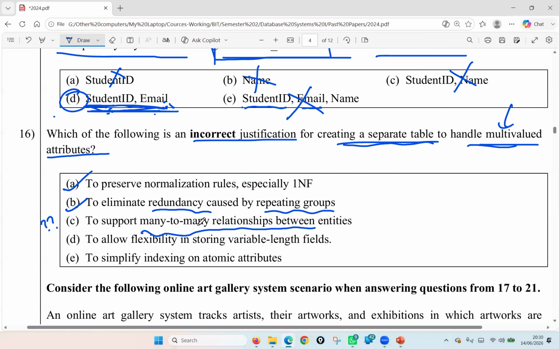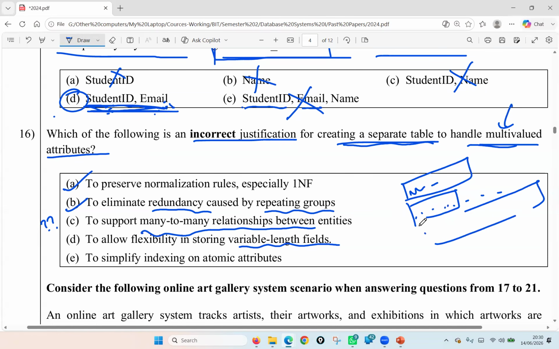To allow flexibility in storing variable length fields. Variable length means that a field can have different sizes. For example, a name can be a small name or a very long name.